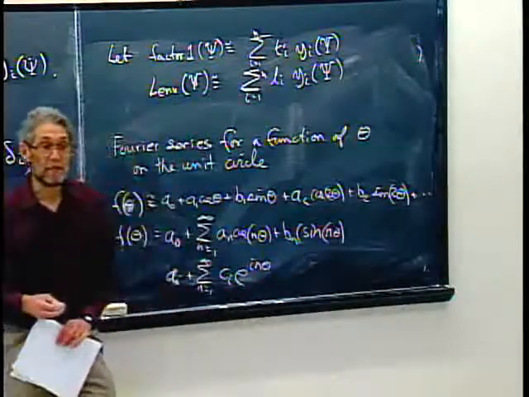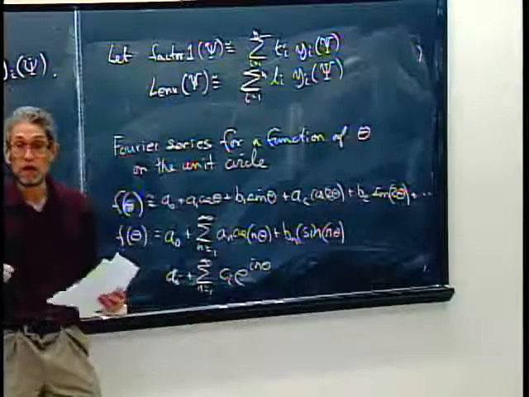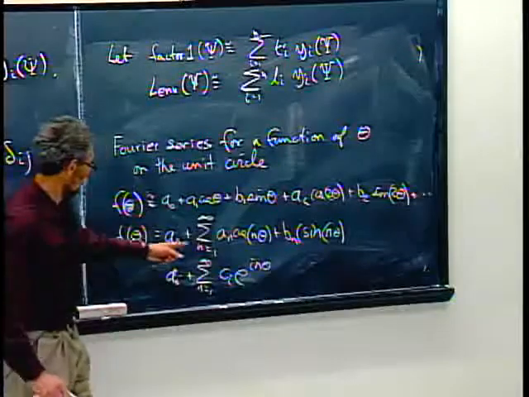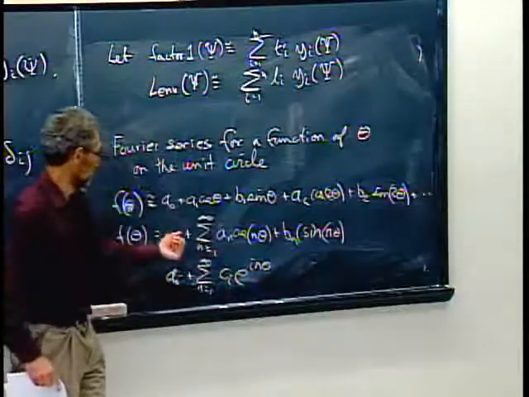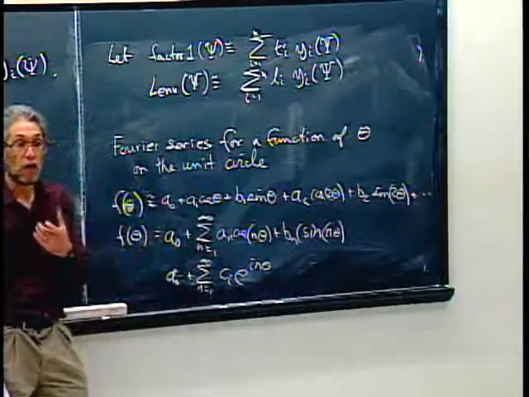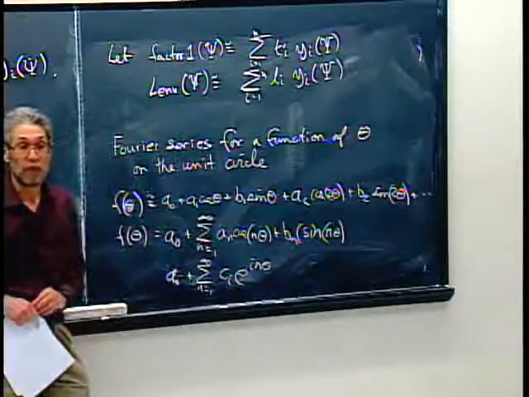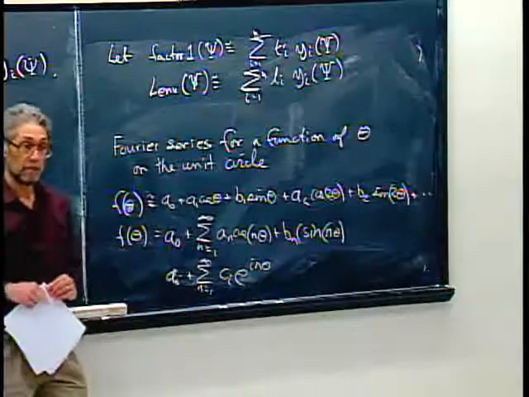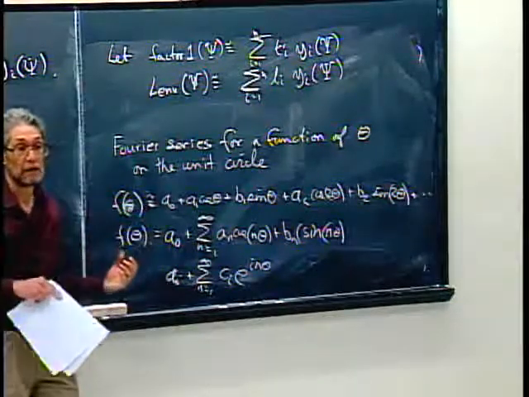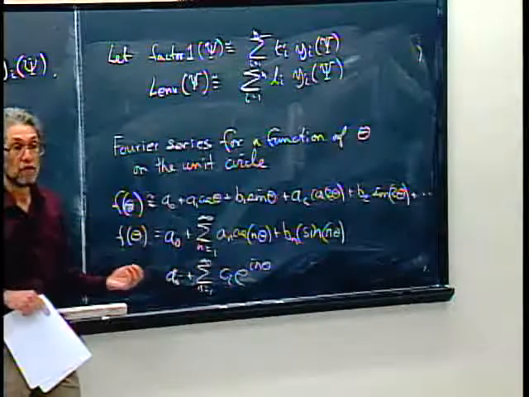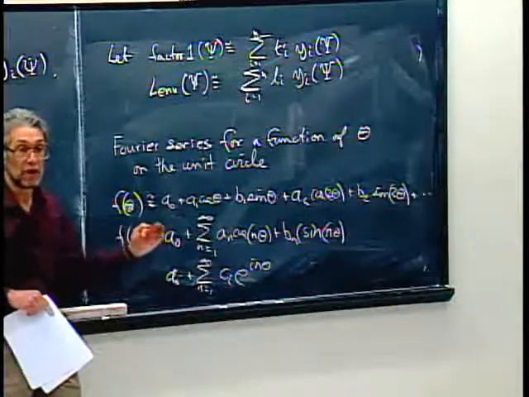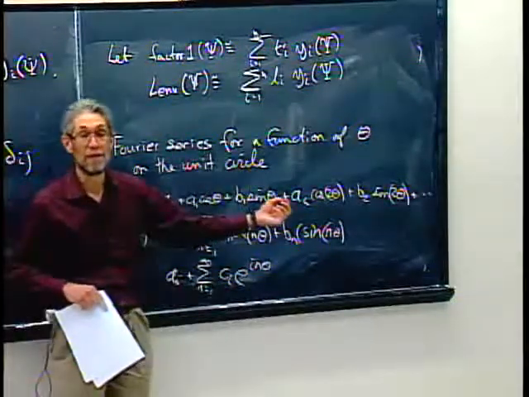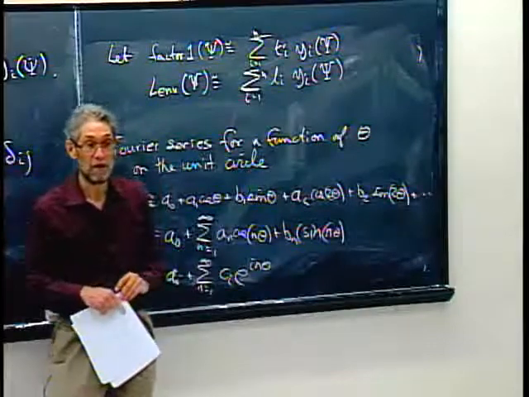Okay, so we want to do the same thing for functions on a sphere instead of a circle. Cosine and sine and just a constant, 1 say, are an orthonormal basis for periodic functions on the circle, in the sense that if you integrate sine squared or cosine squared, you'll get 1 over the unit circle, and if you take sine m theta times cosine n theta or something, that'll integrate out to 0.